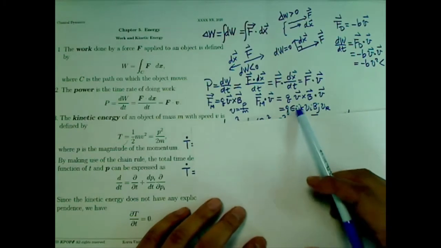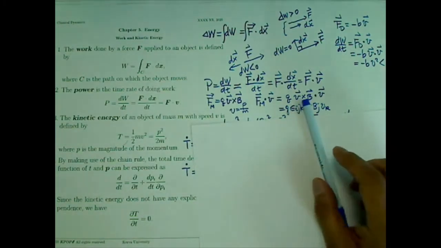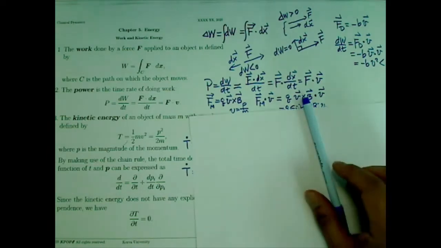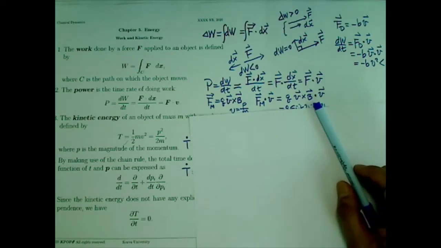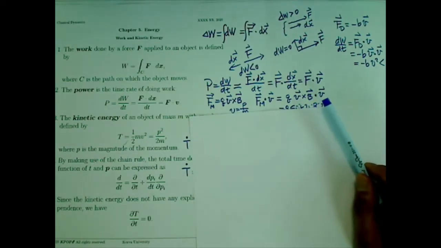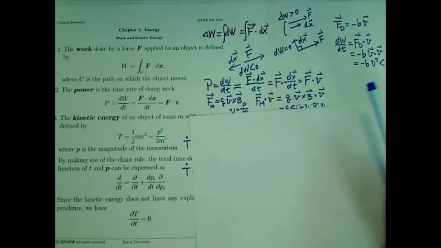Another way of finding that: v cross B is perpendicular to v, and the scalar product will be made with v. Therefore, cosine theta equals 0.